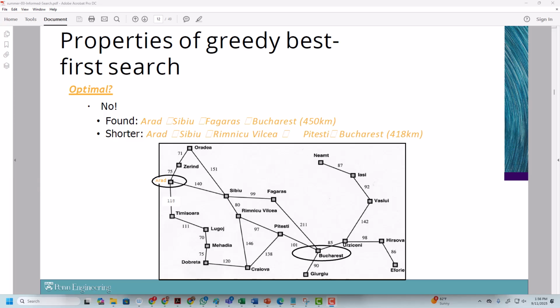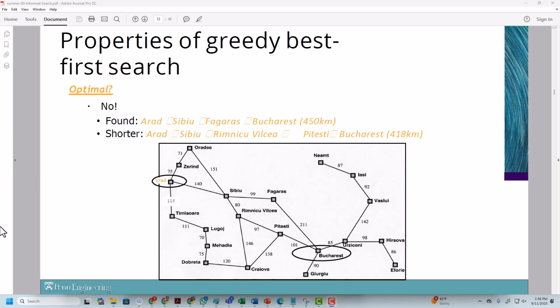Even if it's a finite space, it can still get stuck in loops. The graph search version is complete for finite spaces, but still not optimal. Graph search means the one which considers visited nodes. It's complete, meaning it can find a solution like we did, but it's not optimal because it may not find the best route. It just greedily finds the first route, basically.